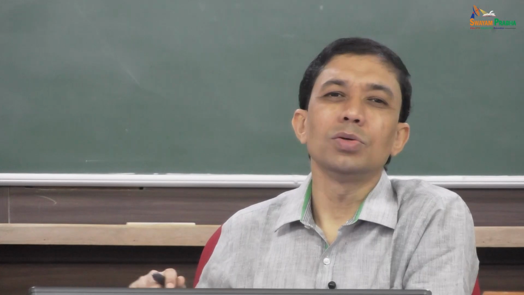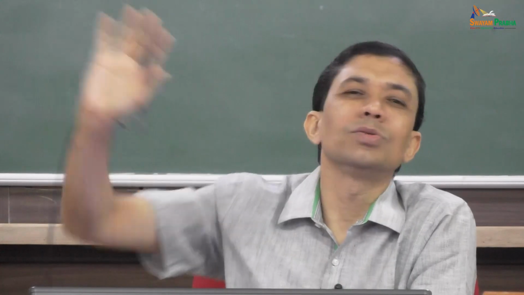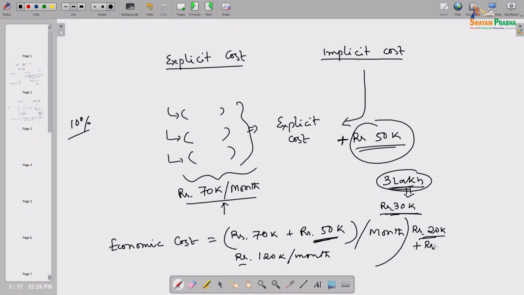If you do not start the business, what could you do with that 1 lakh rupees? As a rational person, you will not keep it idle in your room or in your pocket. Perhaps you could save it in a bank account where you can earn some rate of interest. So, that is why you have to add that additional 10,000 rupees here. If you ask where that 10,000 rupees is coming from: if I had taken that 1 lakh rupees not from my own capital but as a loan from the bank, how much would I have to incur? 10,000 rupees.